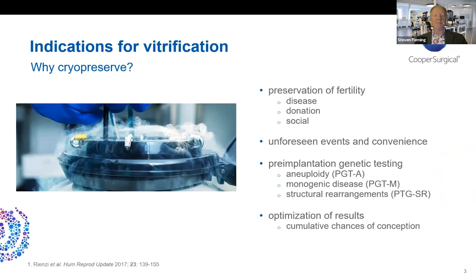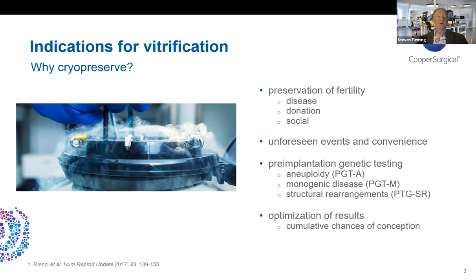So cryopreservation has many uses, primarily avoiding gonadotoxic cancer chemo or radiotherapy, so for fertility preservation, making donation more efficient, enabling delayed parenthood, and dealing with any unforeseen events that might impair treatment.